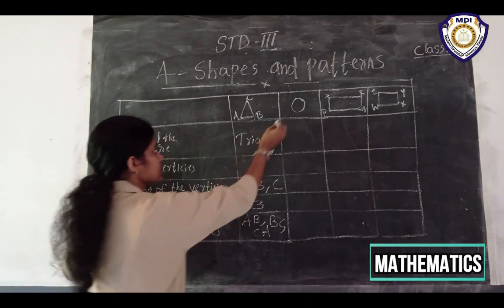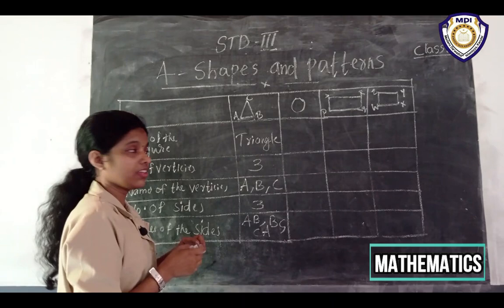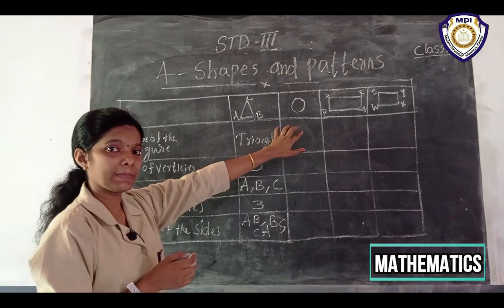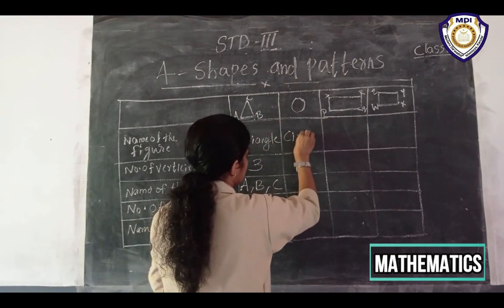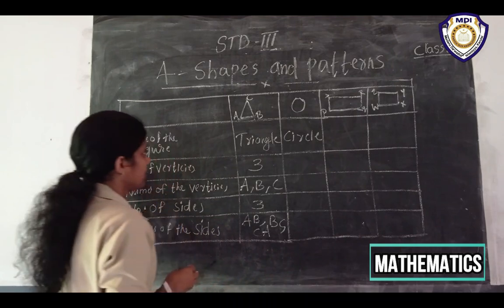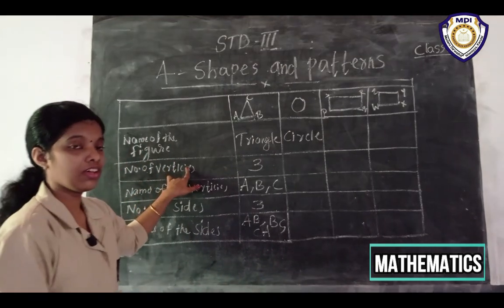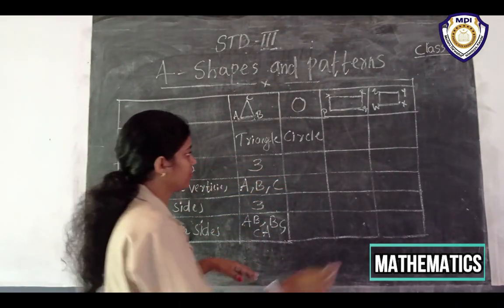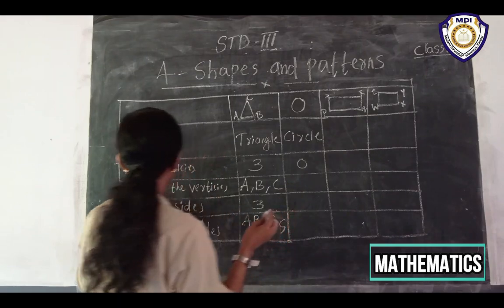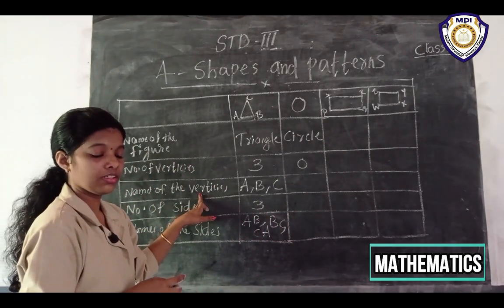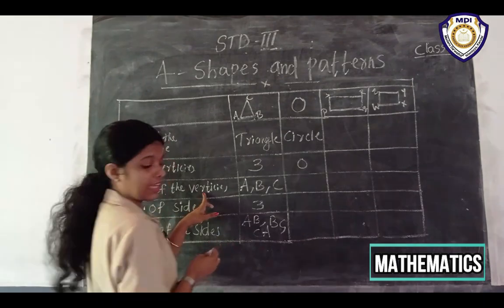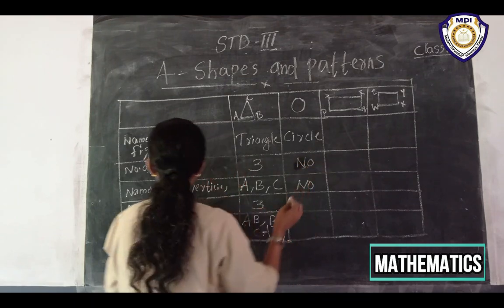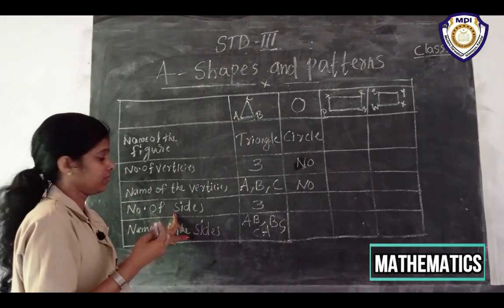Next one, name of the figure. Circle. Number of vertices: 0. Name of the vertices: none.